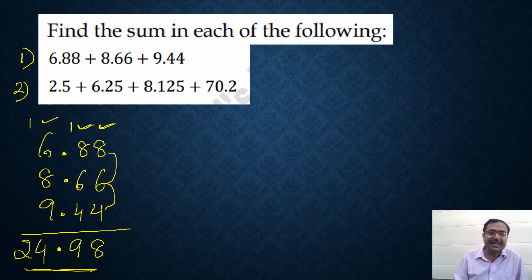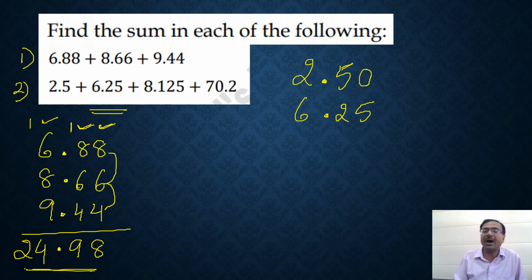So how do we write these numbers? 2.5 is the first one, and when I have to write 6.25, it will be written like this. And since 2.5 has only one decimal place, you can put a 0 after the decimal, it doesn't make a difference. And likewise 8.125, you can write it like this, and now you suffix zeros here.